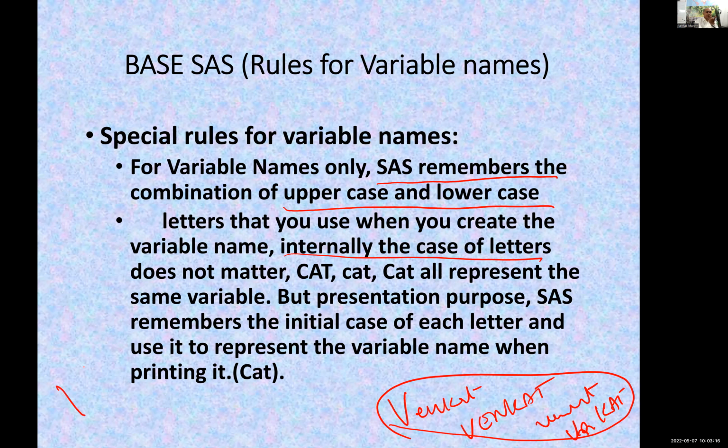But for presentation purposes, SAS remembers the initial case of each letter used to represent a variable when you are printing it. So capital CAT or small cat all represent the same variable, but how will it print it?